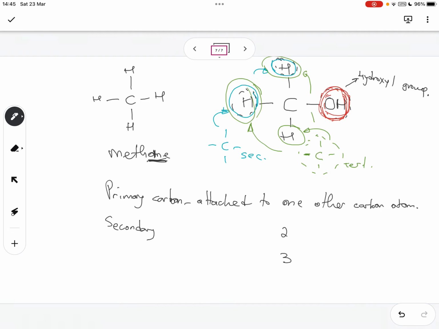So that means in this question, we might have to look at which one we could say is our primary carbon atom in the structural organic compounds that we see.